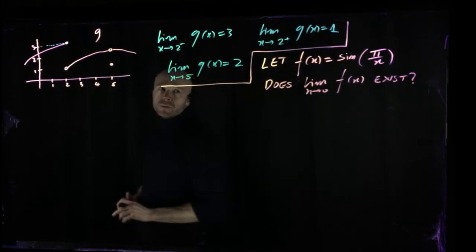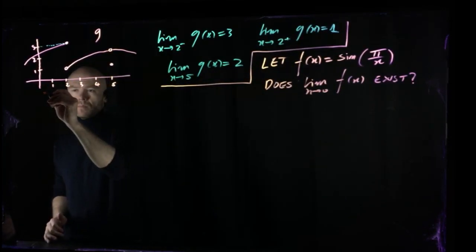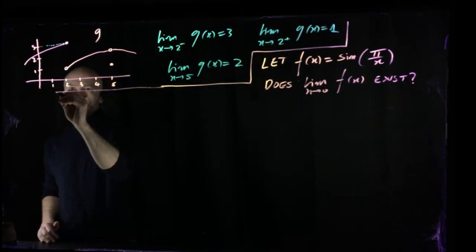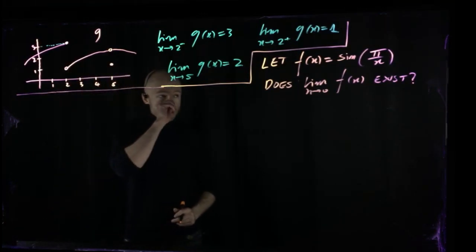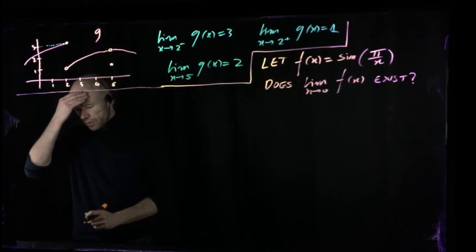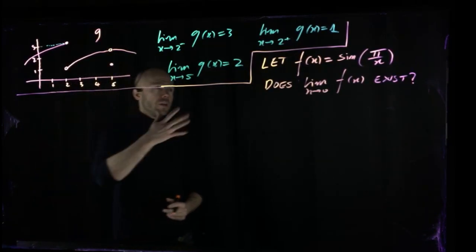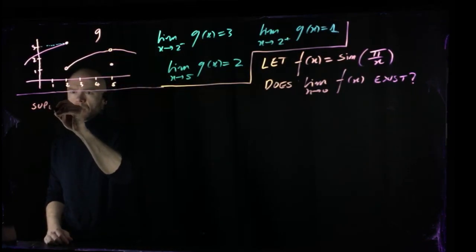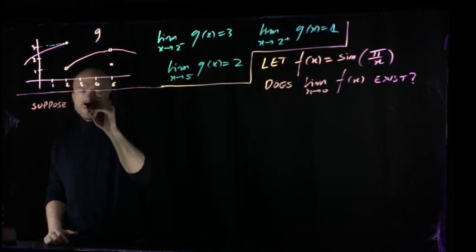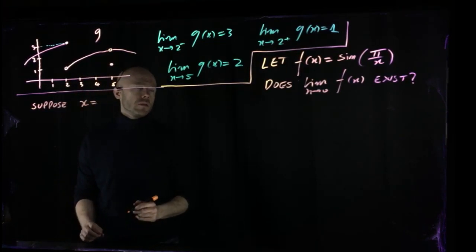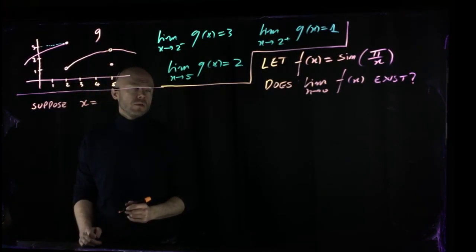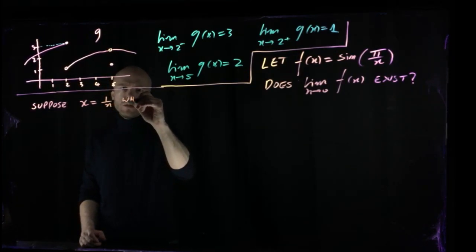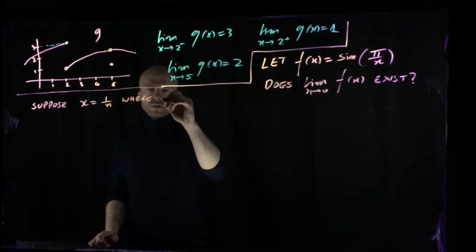All right, so let's think about this a little bit. Let's just start by putting in some particular values of x. So suppose x is equal to 1 over n, where n is an integer.